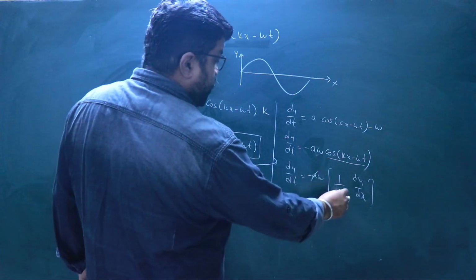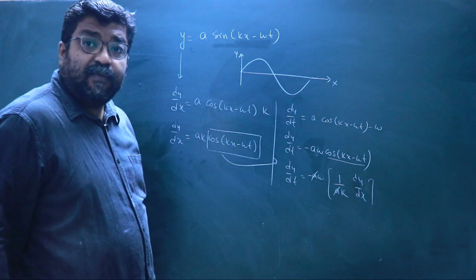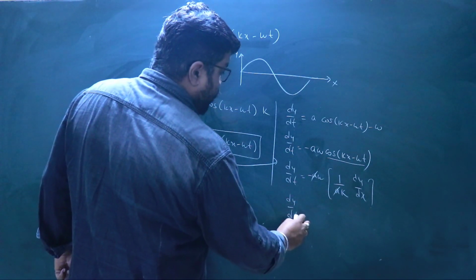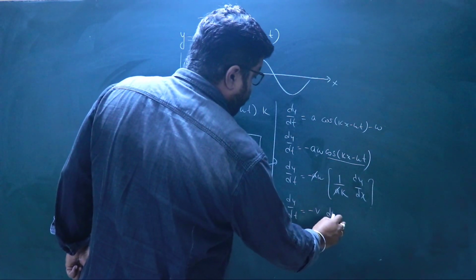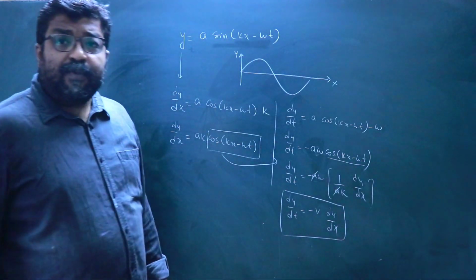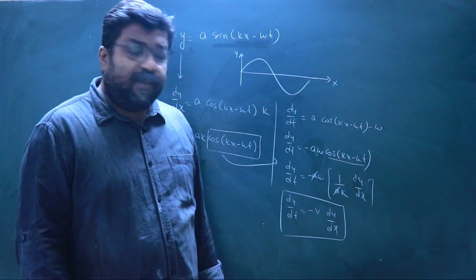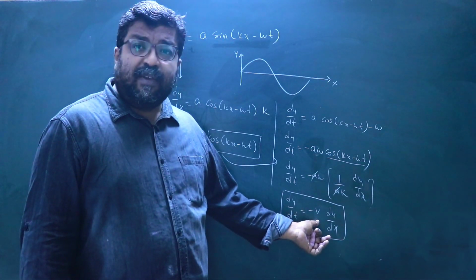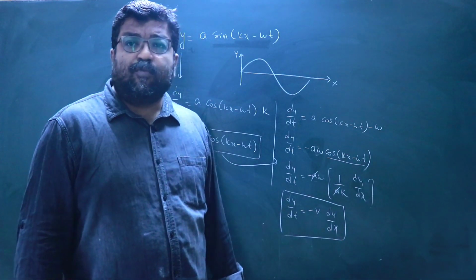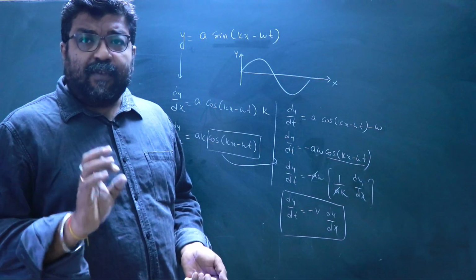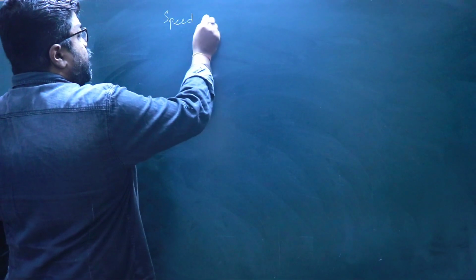So the a terms cancel out, and omega by k is the wave velocity, so dy by dt is equal to minus v dy by dx. This is the relation between particle velocity and wave velocity: particle velocity is equal to minus wave velocity multiplied by the slope of the wave. Followed? Next topic is speed of wave.